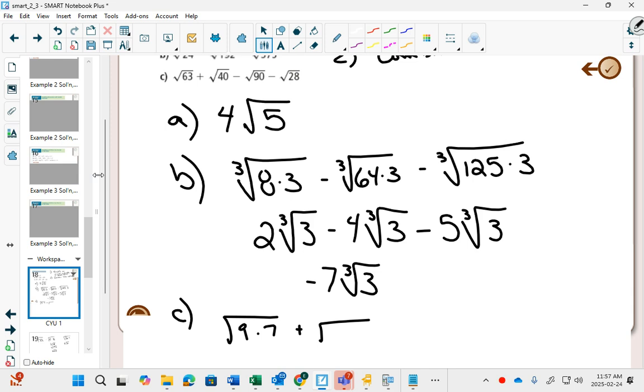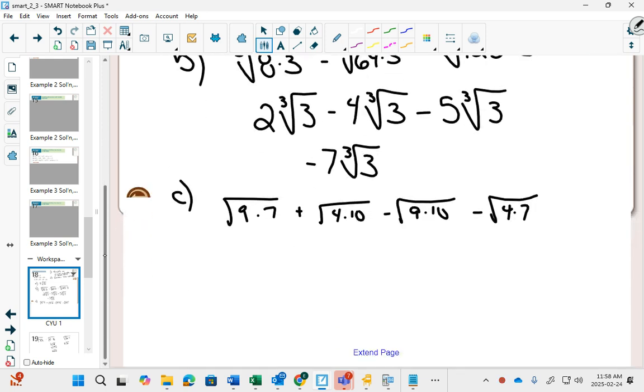The perfect square that divides 40? 4 and 10. Minus 90. 9 and 10. And 28. 4 and 7. So that makes this 3 root 7 plus 2 root 10 minus 3 root 10 minus 2 root 7.